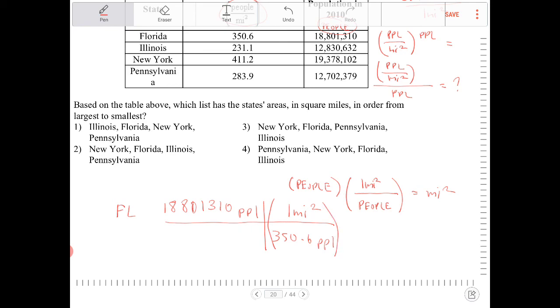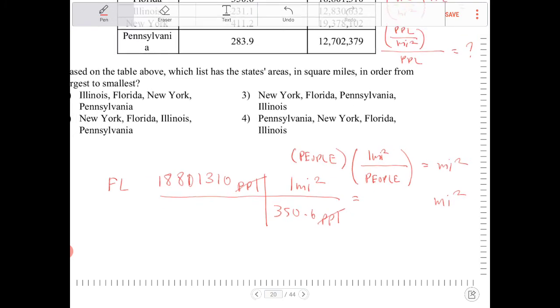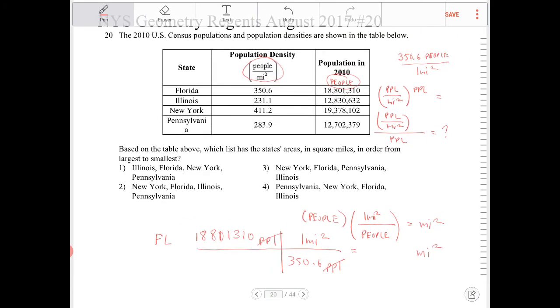I'm comparing 350.6 people per 1 mile squared. I just took the reciprocal of it, and that is okay. By doing this, if I multiply across, the units of people will cancel, and I'm going to be left with a quantity that's in square miles. Right now, we have to do this about 4 times.